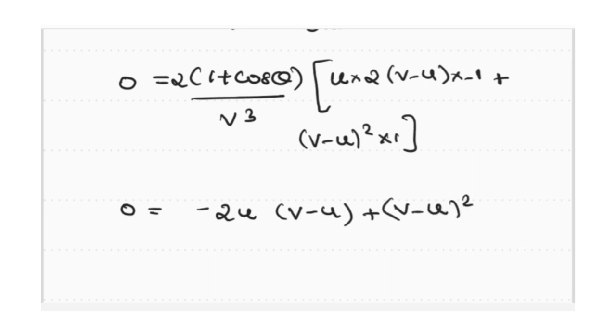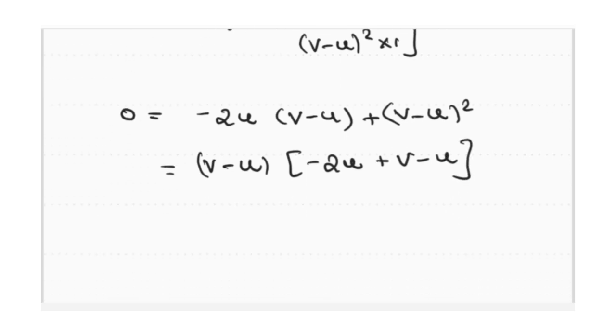We'll take (v minus u) common: (v minus u) into (minus 2u plus v minus u), and taking (v minus u) to the other side, that will be equal to 0.